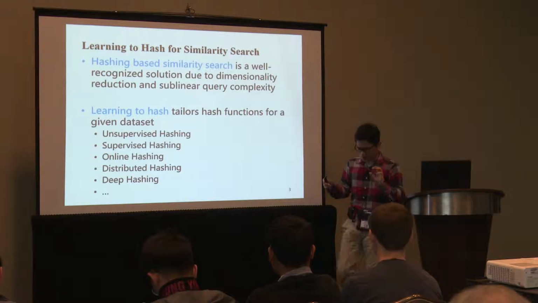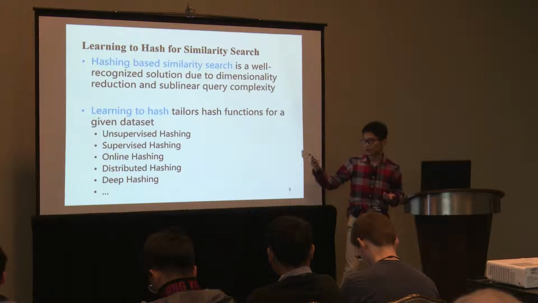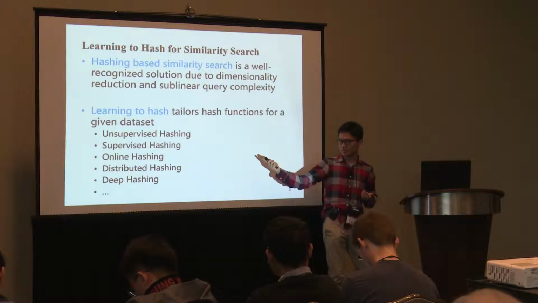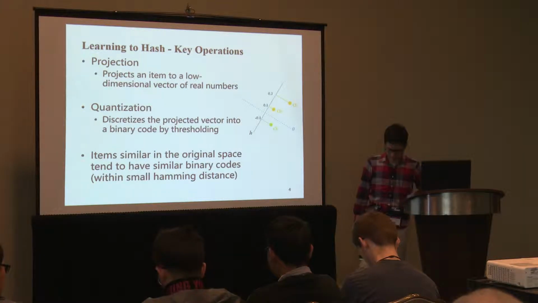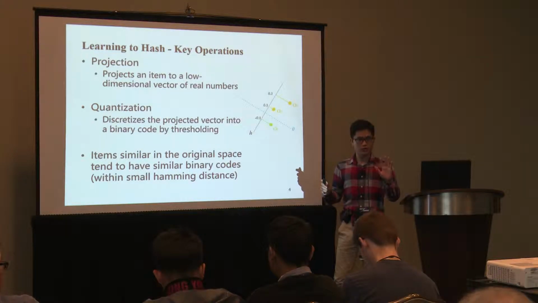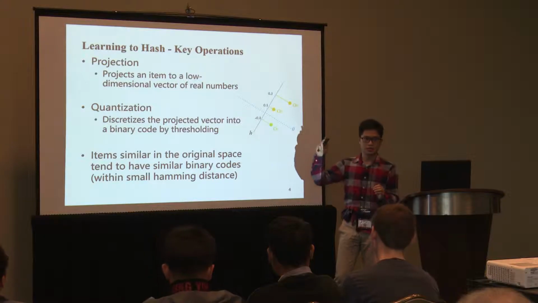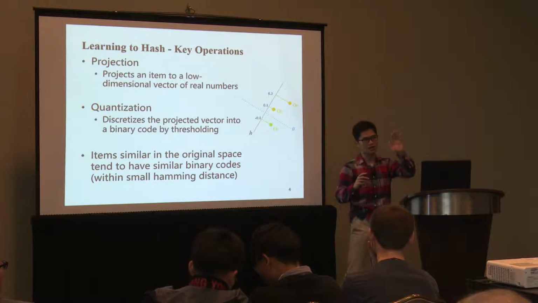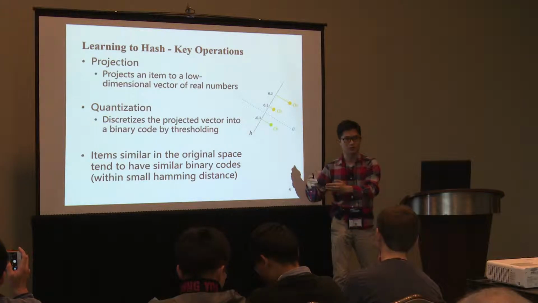The machine learning community developed many algorithms for different types of application scenarios, which include unsupervised hashing, supervised hashing, and so on. Learning to hash has two key operations, projection and quantization. The projection will project data in high dimensionality to a low dimensional vector of real numbers.